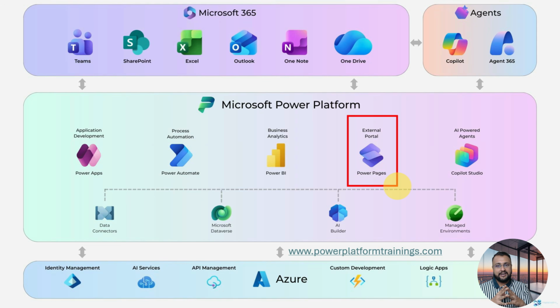Let's say you are running a company in manufacturing or operations, and I have different suppliers across the globe from where I'm buying my material. For material tracking or overall inventory management, I want those external people also to coordinate with my internal portal.